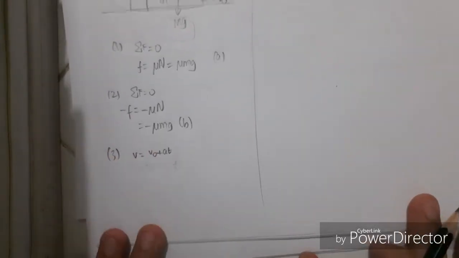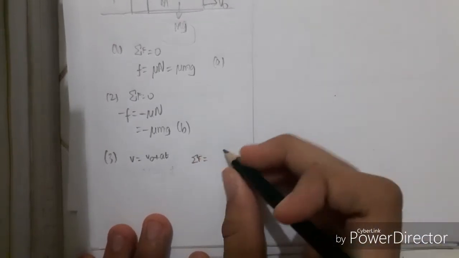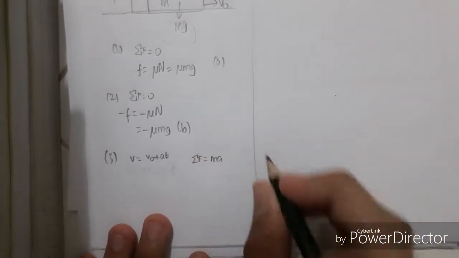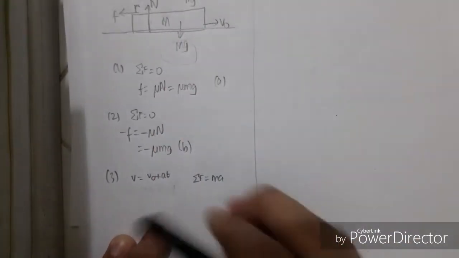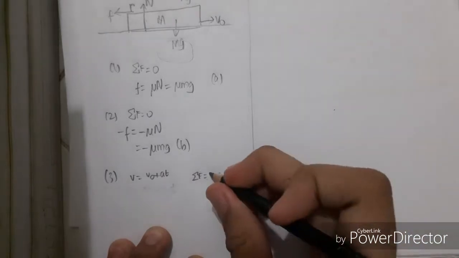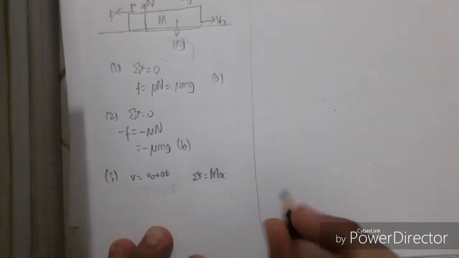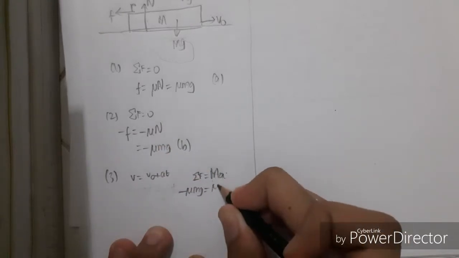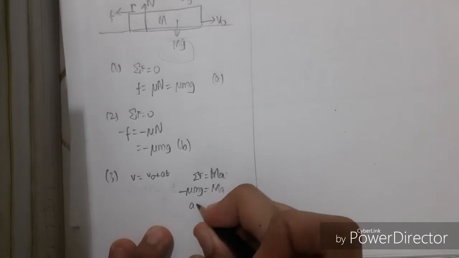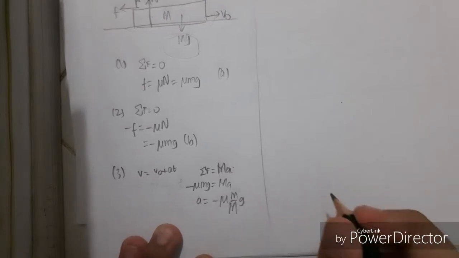So to find the value of that, sigma F equals Ma, but because the mass of P is capital M, we change it into capital Ma, and we know that the force that happened is mu mg, so a is minus mu m over M times g, right?